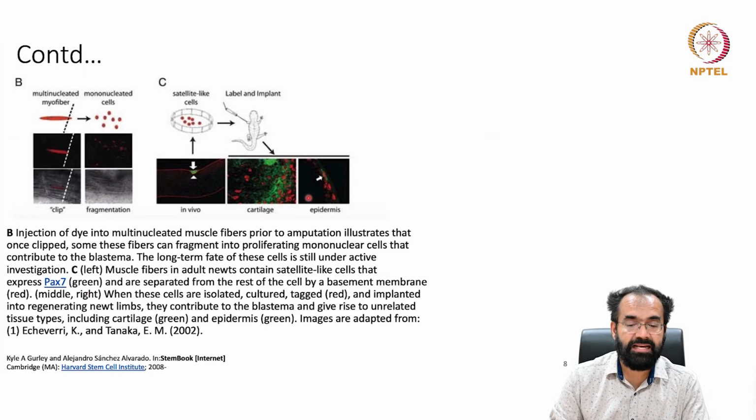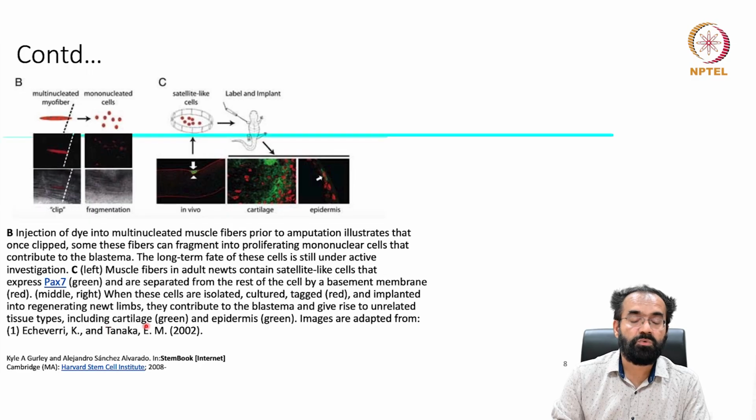And in C, the muscle fibers in adult newts contain satellite-like cells that express PAX7 genes, which is seen in green in color. And they are separated from the rest of the cell by the basement membrane, which is shown red in color. And in the middle right here you can see both are present. When these cells are isolated, cultured, they are already tagged in red color and implanted into regenerating newt limbs, they contribute to the blastema and they give rise to unrelated tissue types including cartilage and epidermis.